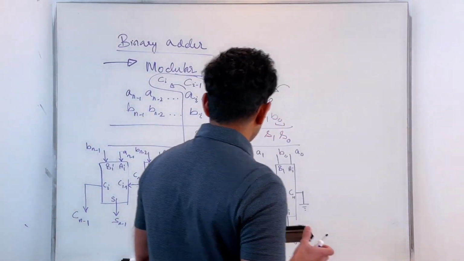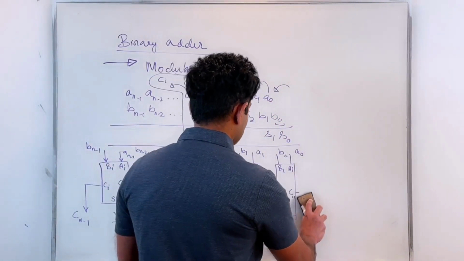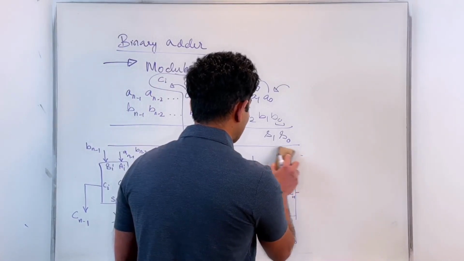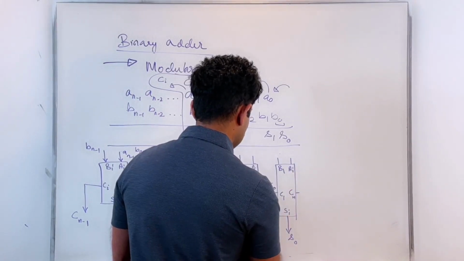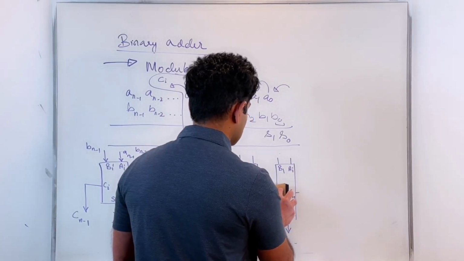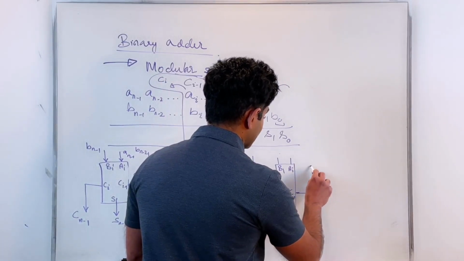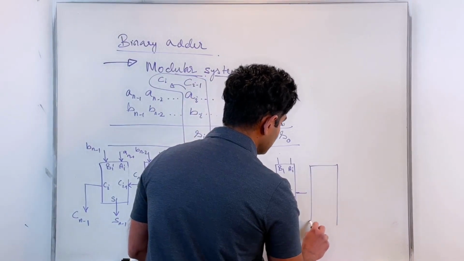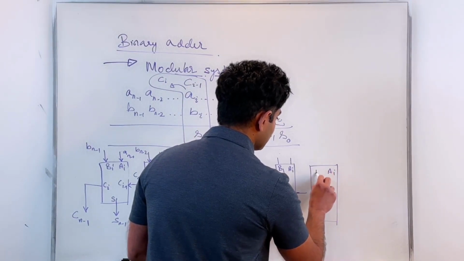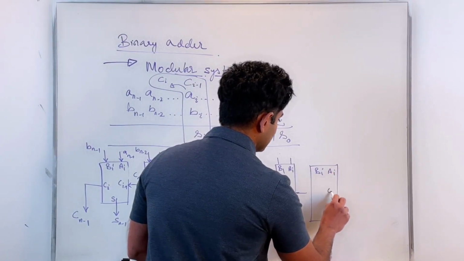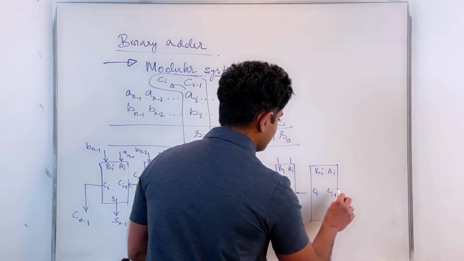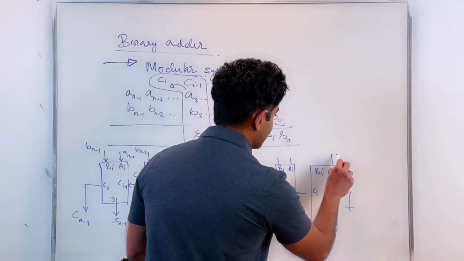So what I'm going to do here is just to illustrate this. I'm going to do one more adder here, just to make sure that this is clear. So this is AI, BI, CI minus 1, CI. That's grounded. Here I'm applying my A0, B0.